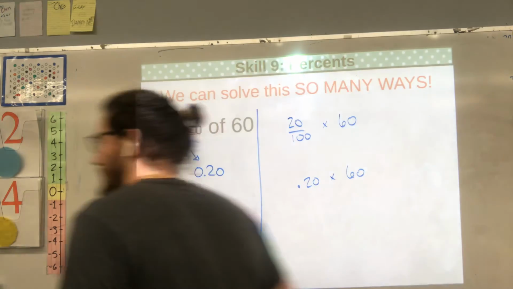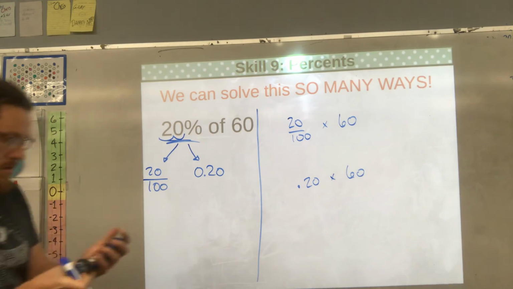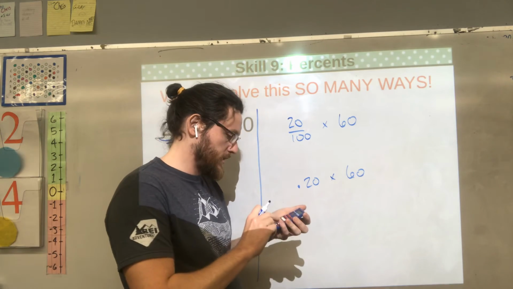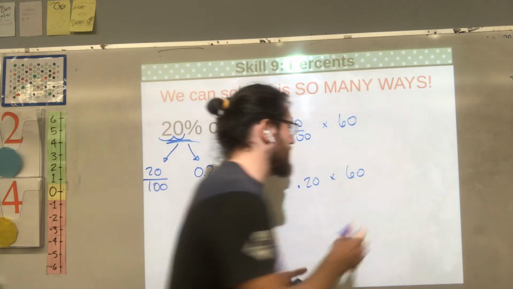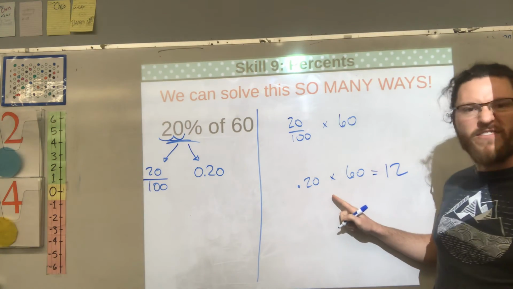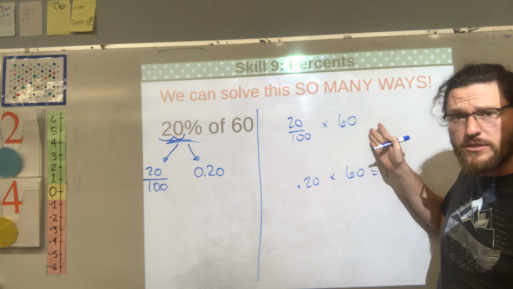Okay. And if I grab a calculator here, and I do 0.20 times 60, okay, here is 12, okay? This one, the math is a little faster, okay? So I like working with decimals a lot, but it works with the fractions too, okay?